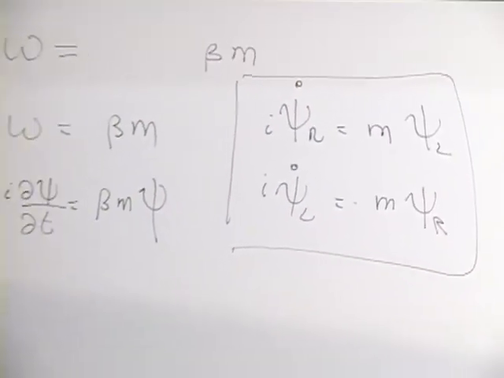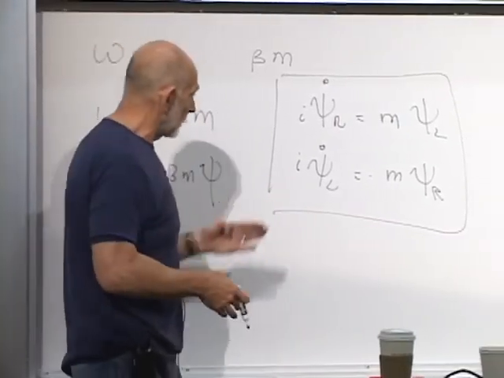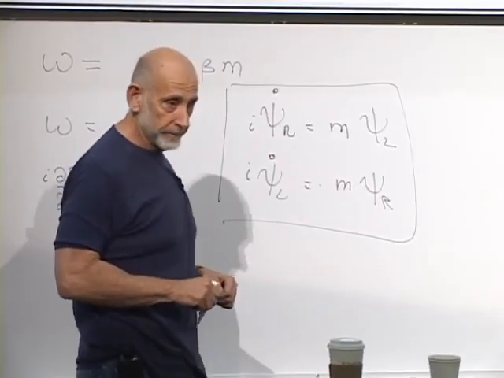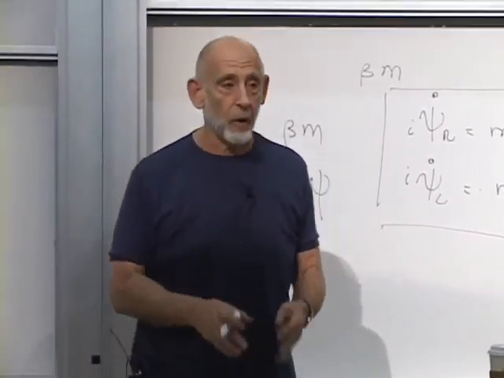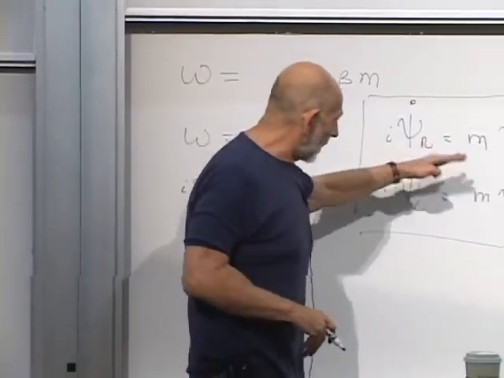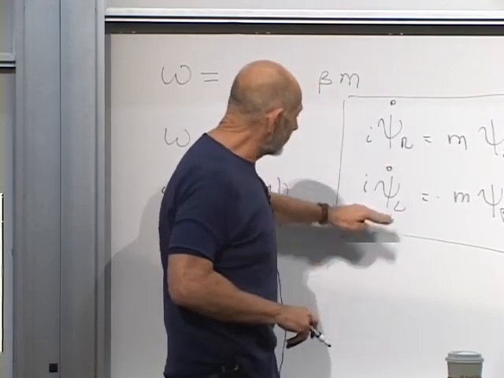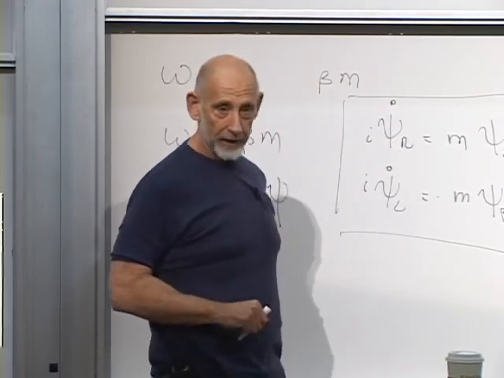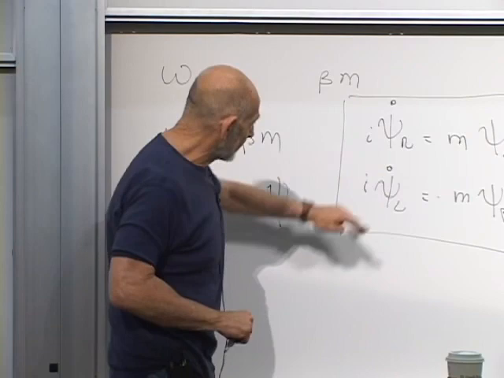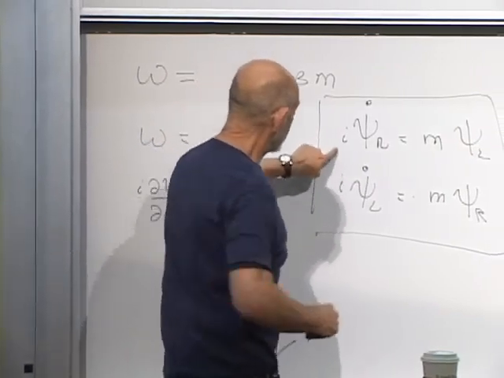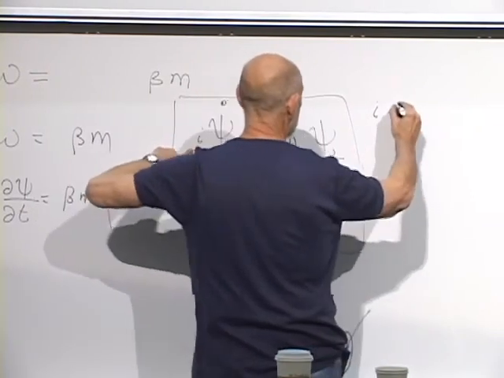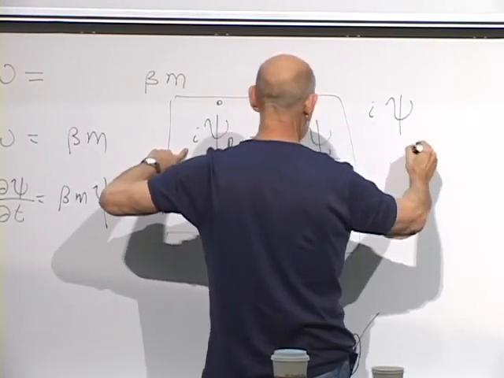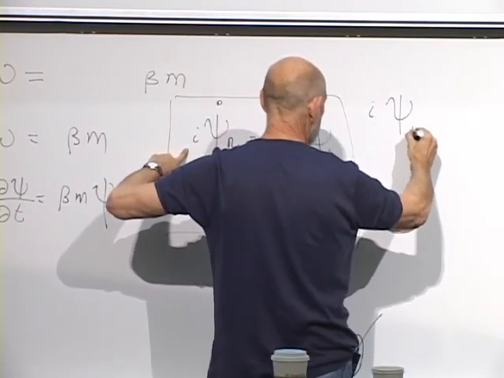Notice that they're still coupled together in this left-right way. But to decouple them, to find ordinary equations which are not coupled in this way, all you have to do is add and subtract these two equations. Let's add them. What do we get? Then we get I psi plus dot.